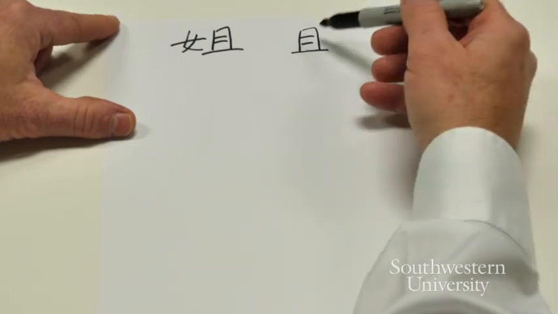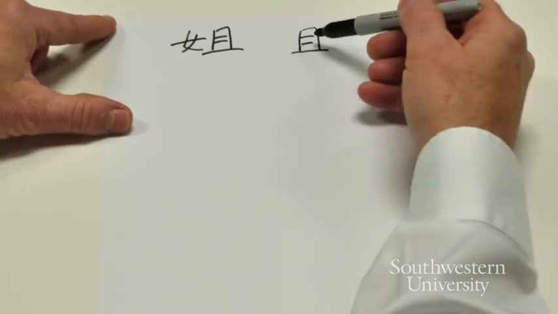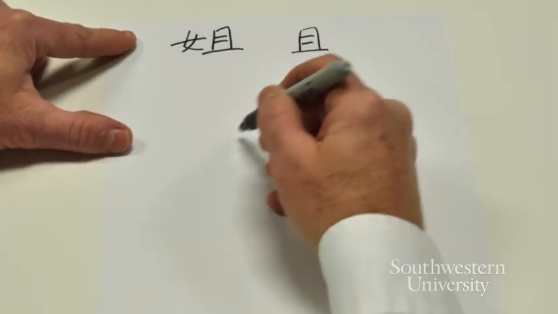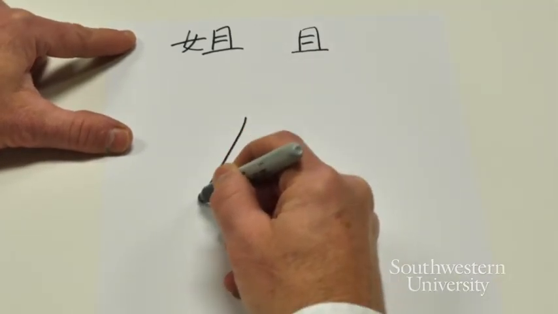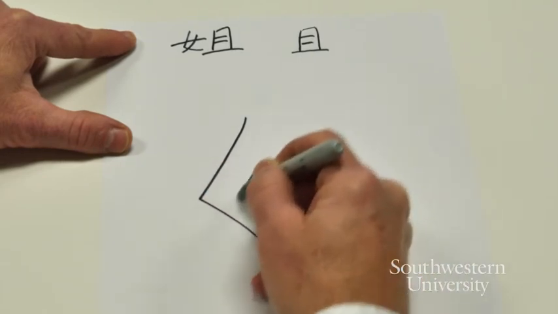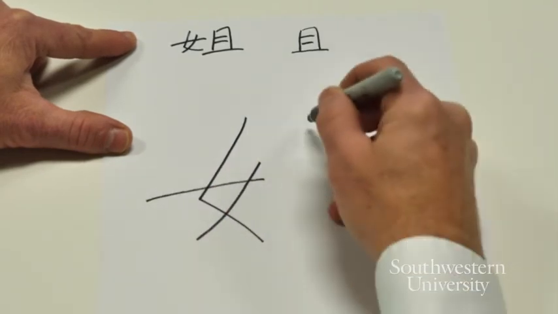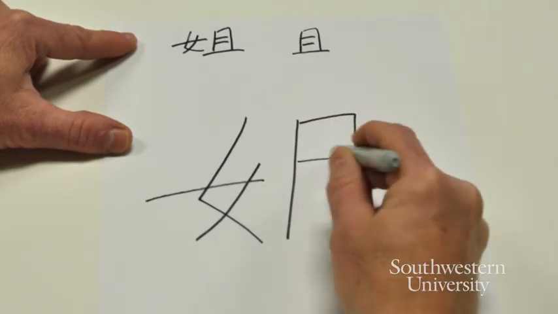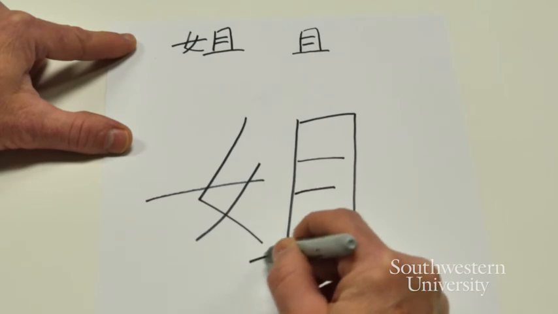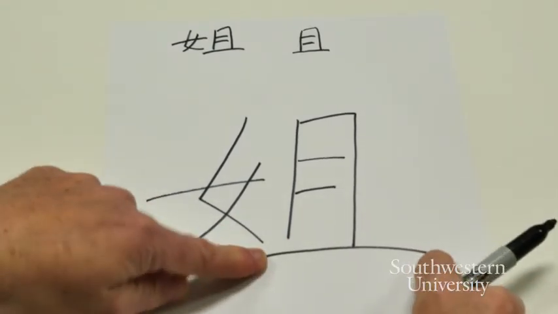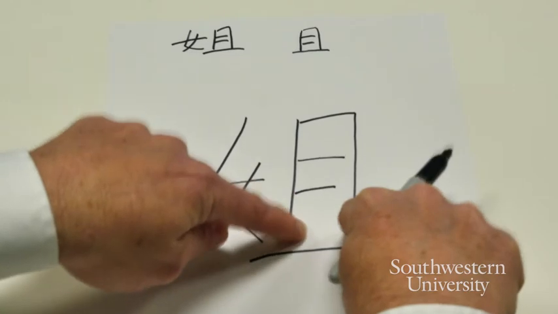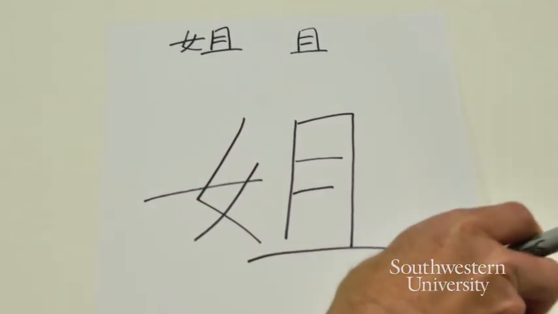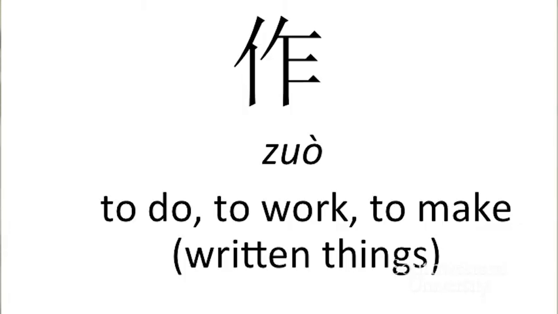But I think of it as a closet, an empty closet, because her little sister has borrowed all the clothes. Pie, dian, pie, heng, shu, heng, zhe, heng, heng, and then the heng across the bottom, heng. Notice that this one is longer than this shape here. Jie, elder sister.